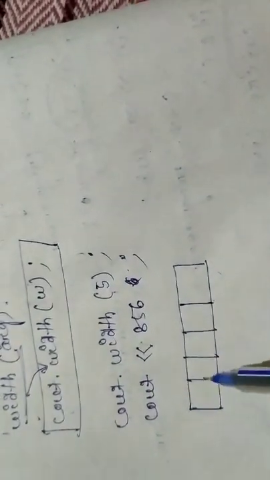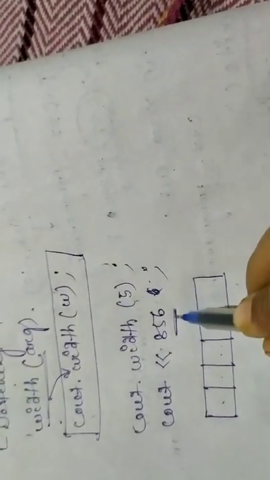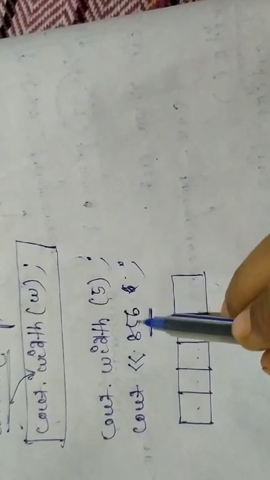Let this be an output window, and this output field is divided into 5 fields, as the width is 5. We have to display this number, and this number is of width 3.